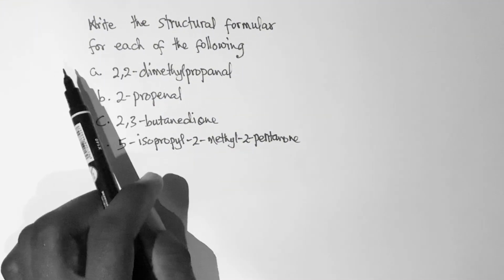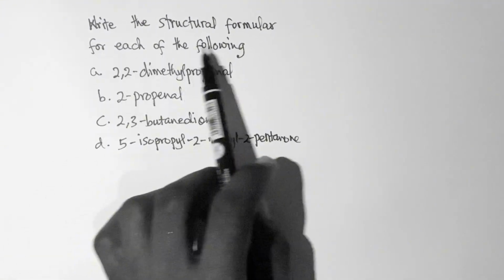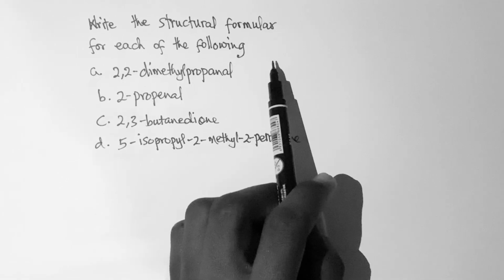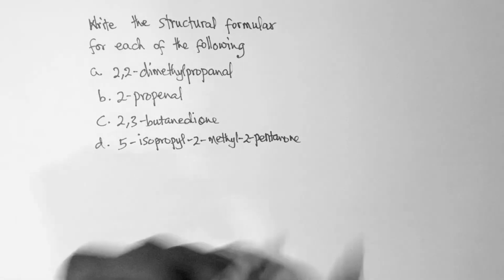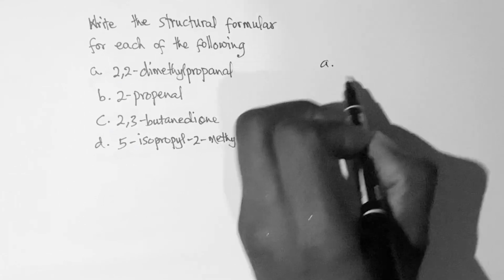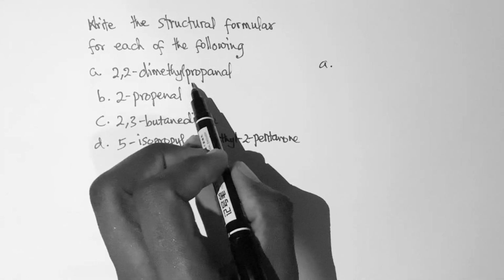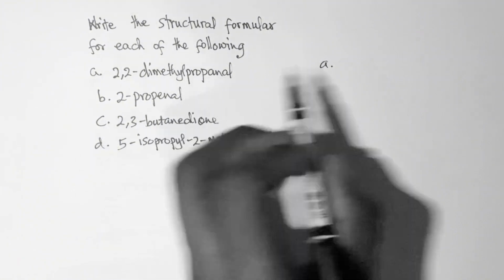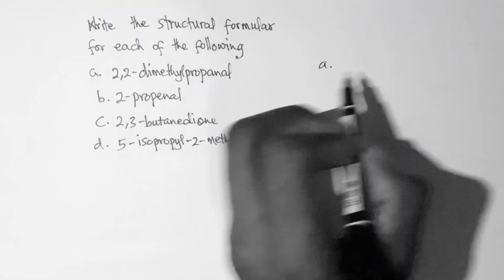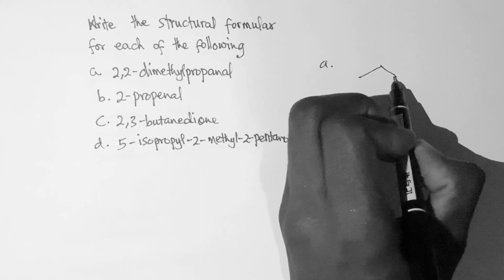So let's solve these problems. It says that we should write the structural formula for each of the following. The first one is 2,2-dimethyl propanal. The way to do this is to first start with the parent chain. So with the parent chain, we are talking about a propanal. So let's draw a propanal.